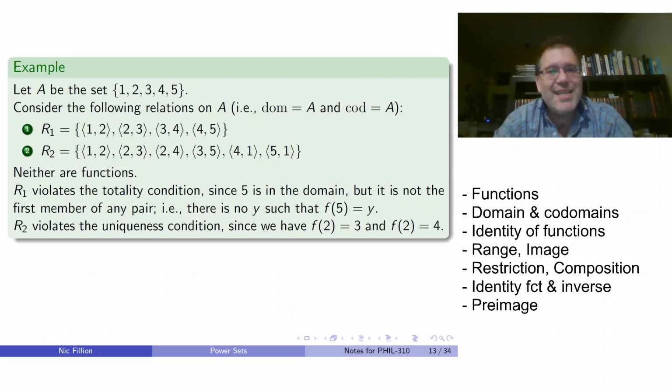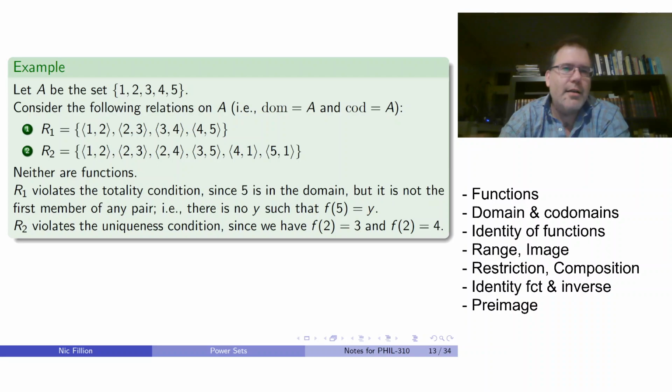So we're going to take a set A that contains 5 elements, 1, 2, 3, 4, 5. And then we're going to look at two relations on the set A, meaning that the domain is A and the codomain is A as well. So for the first relation, R1, we have four ordered pairs. So our question is, is this a function?